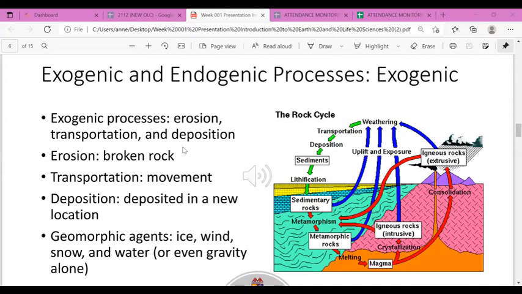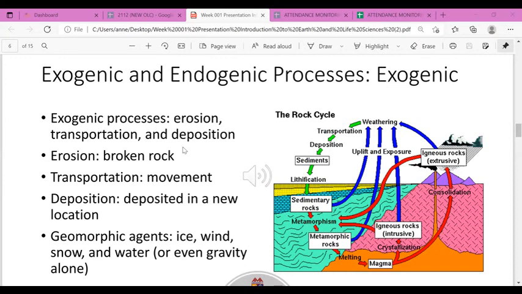So whether the rocks are being eroded, because they are broken already, they are then transported to a different place, so you have the movement. While there is movement, they are deposited in a new location, where new materials will form.